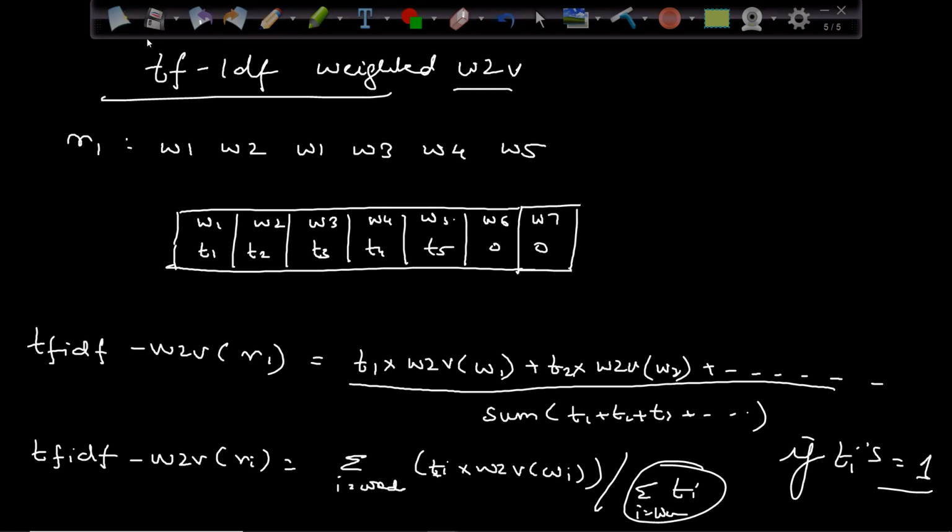Now let's try to understand this entire concept of word to vec. Let's take one example before I proceed to talk about the two algorithms. Let's say I have a set of words in my entire corpus.